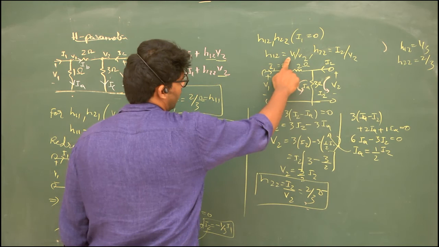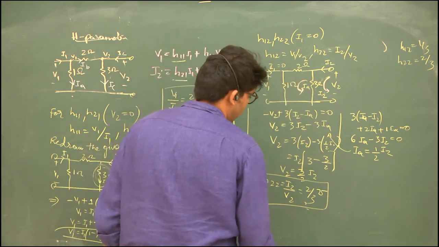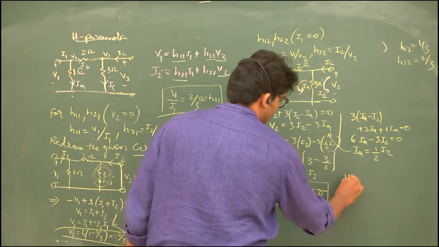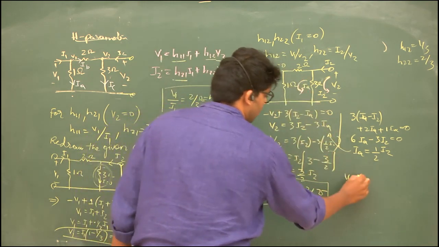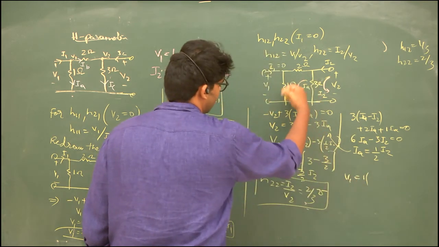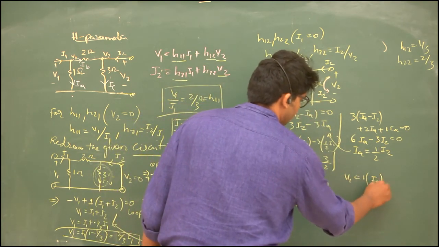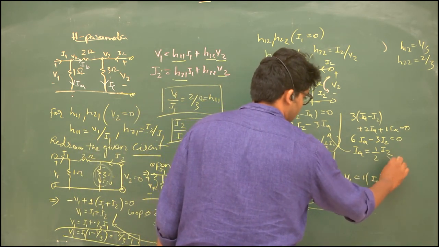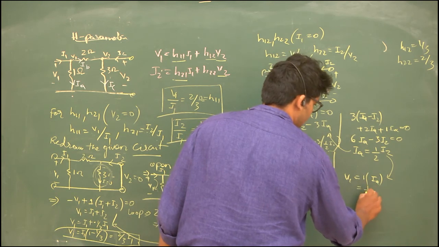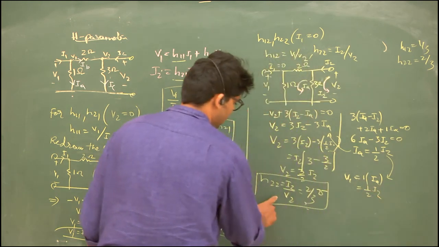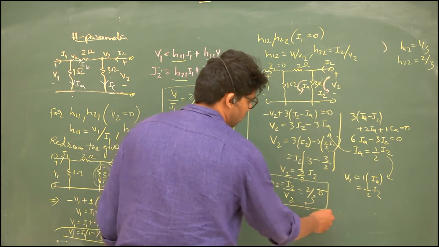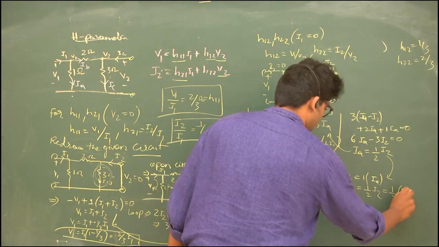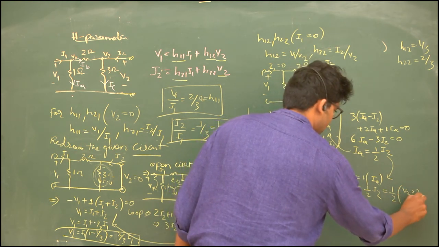Now we again want to find V1 by V2. V1 equal to the voltage across the 1 ohm, which can be written as 1 into the current IA that is flowing. Now IA is 1 by 2 I2, and from the previous equation I2 equal to V2 into 2 by 3.